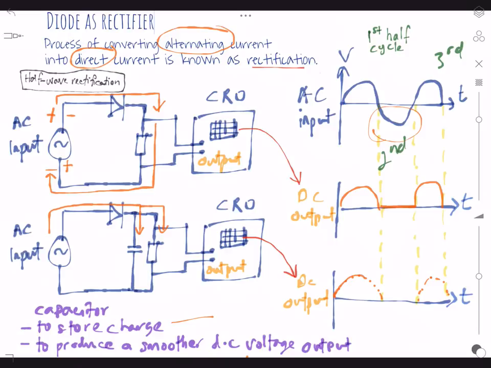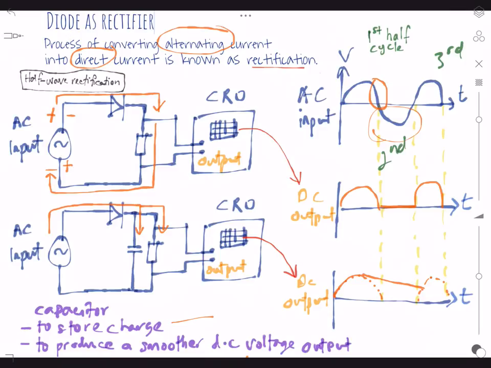However, when the voltage of the input decreases over here, the voltage of the output does not decrease the same way as the input, but slowly discharges like this.